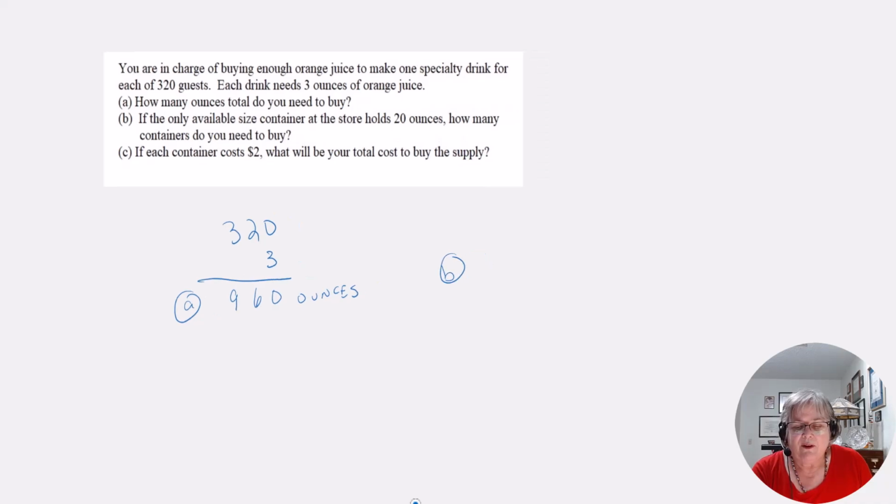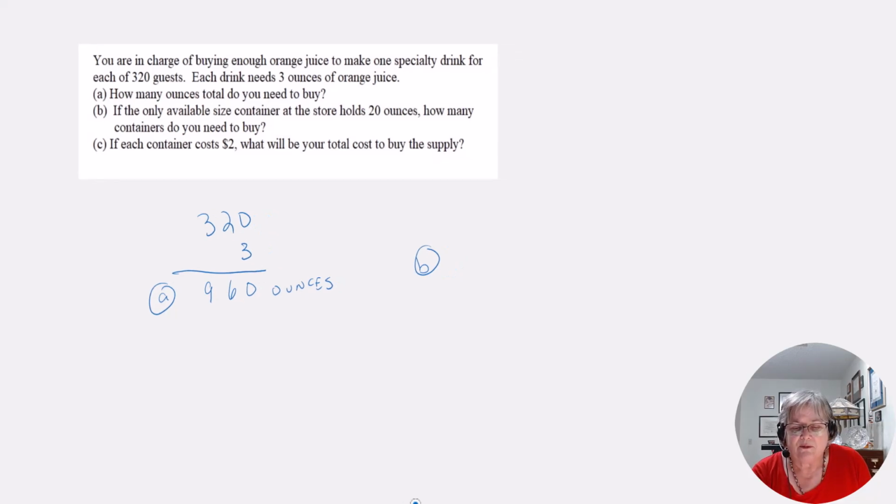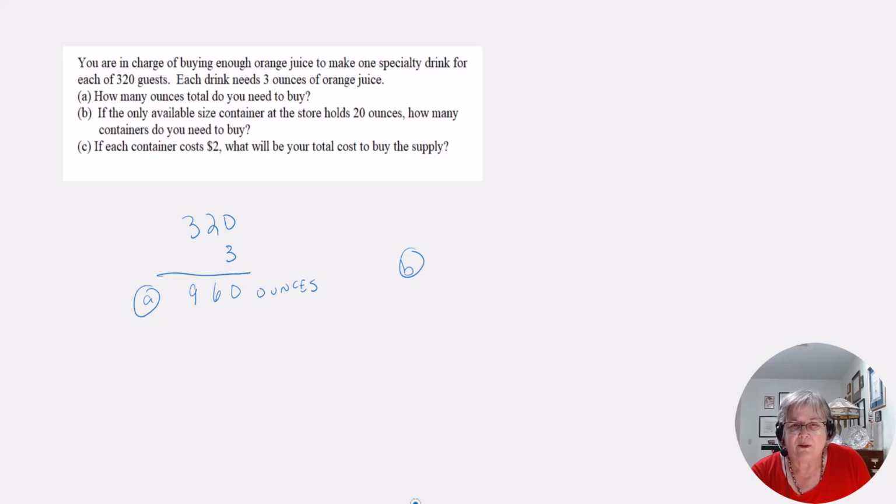B, if the only available size container at the store holds 20 ounces, how many containers do you need to buy? So to figure out how many I need to buy out of a certain amount, right? Because every time I buy a container, I'm acquiring 20 ounces. I go, how many times will 20 ounces go into 960 ounces? Okay. So 20 won't go into 9. Okay, 20 going into 96.